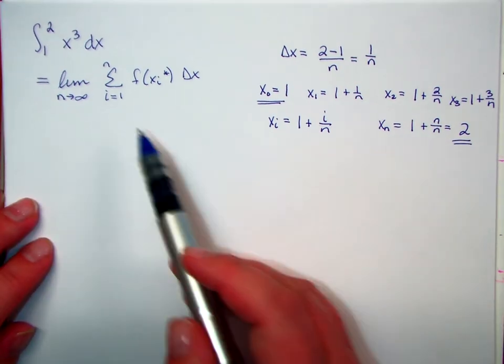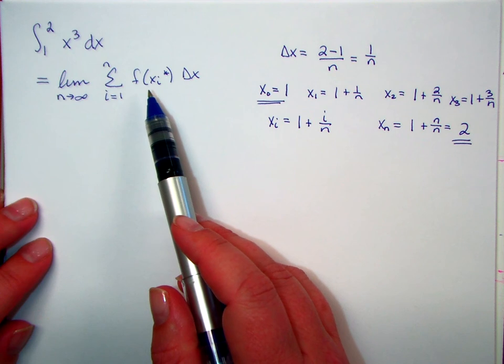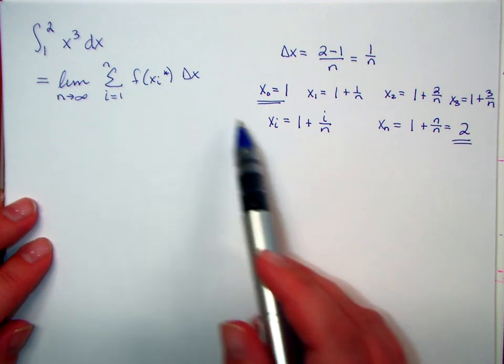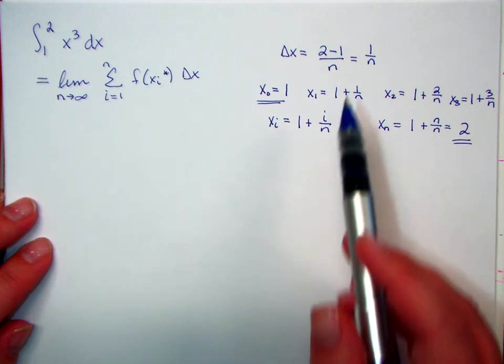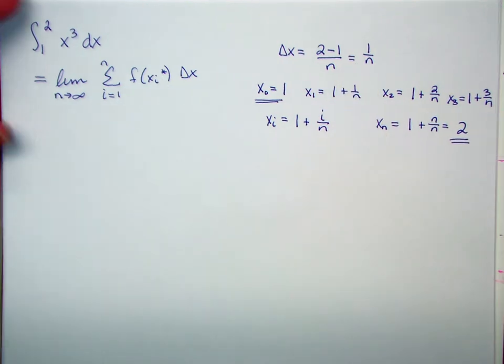So I'm going to replace in the limit here. I replace x sub I star with the x sub I that I found, and I replace delta x with 1 over n.